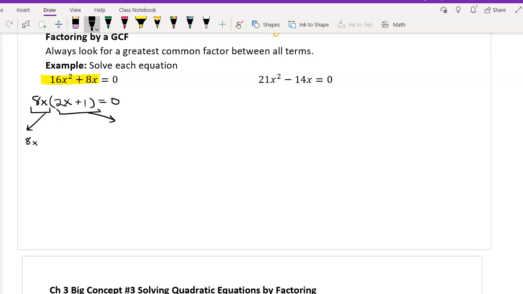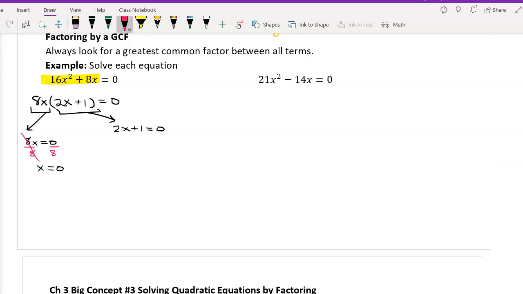So 8x equals 0, 2x plus 1 equals 0. So when we simplify, we divide both sides here by 8, and we get x equals 0.